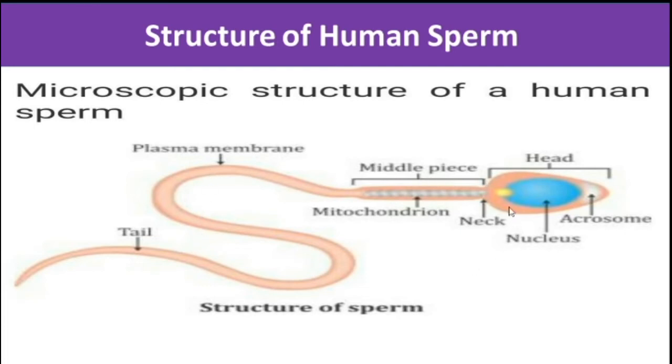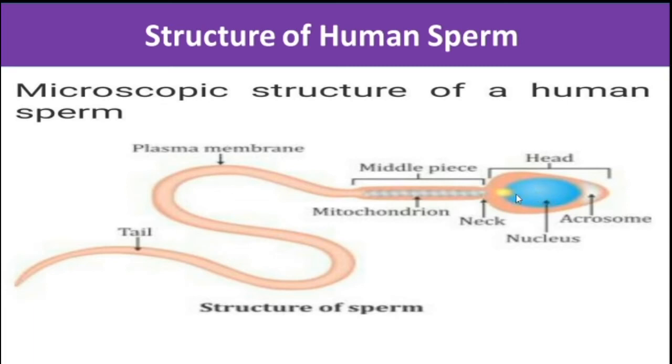Clear students? So the human sperm is divisible into three parts. First the head region, another one the middle piece, and the last portion, the tail region. Inside the head region there is a nucleus, which contains the genetic material.